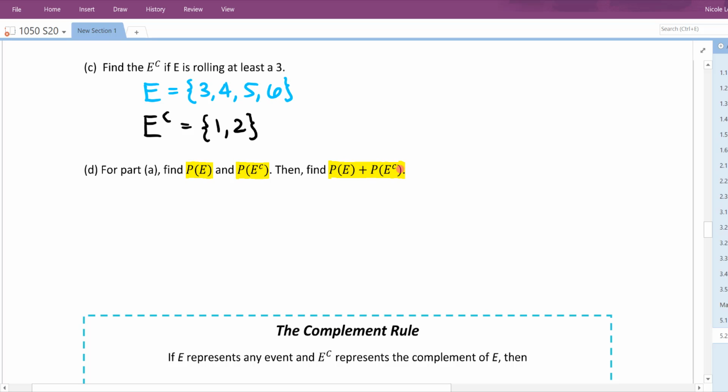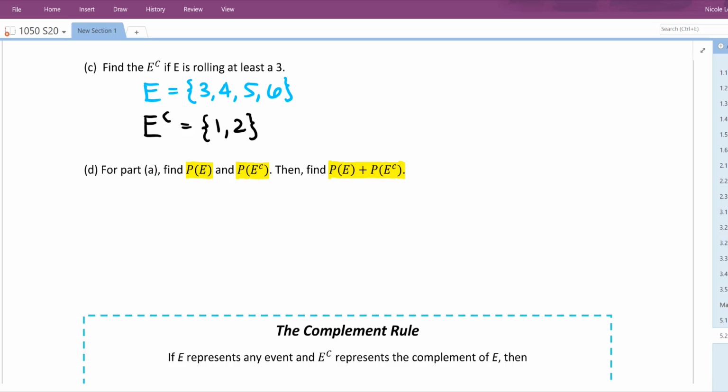So it's asking us to do three things here: find the probability of E, find the probability of its complement, and then lastly add those two probabilities together. The reason we're doing this is to help us see where the complement rule that we're going to look at is coming from.